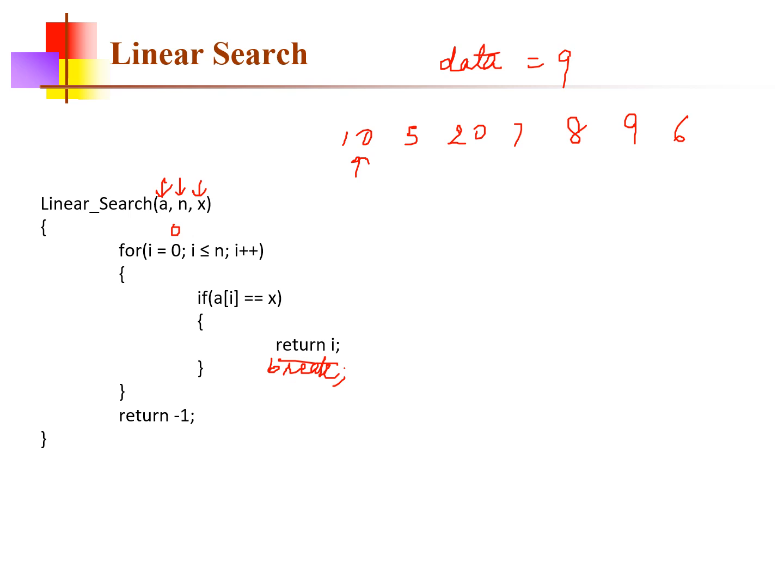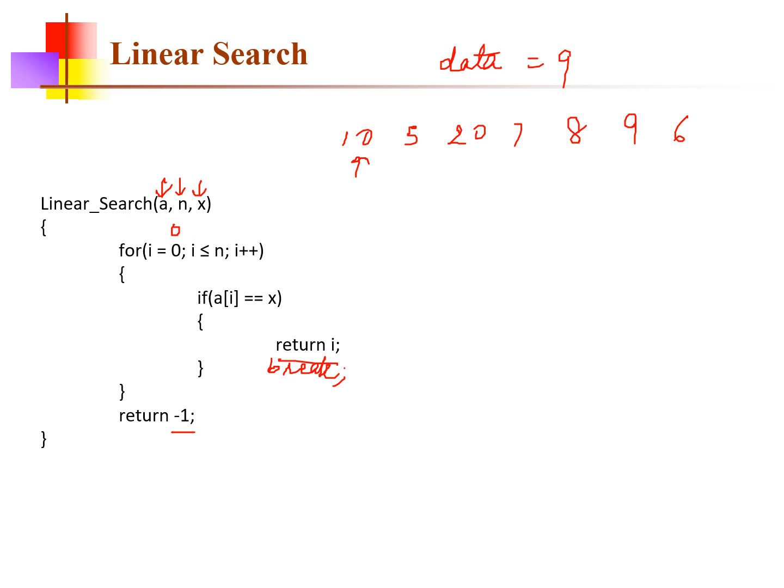After going through the complete loop, if you are not getting the element, then you will return -1. That will symbolize that your element is not found. Or you can make a flag variable here also. If you are finding an element, you will set the flag bit as 1. If the flag bit is not set as 1, then you will check whether the flag bit is 0, then you can say the element is not found.